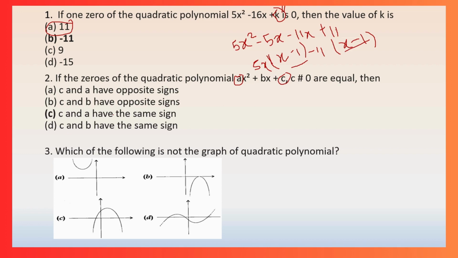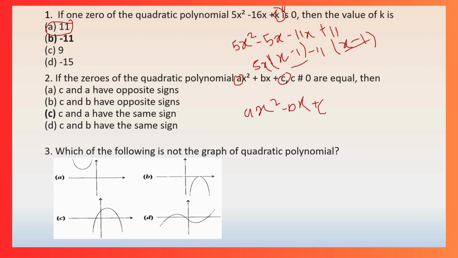If c and a both have the same signs, we use the equation like this: minus bx plus c. So a and c have the same sign. That is the answer. A and b having opposite signs is not possible.